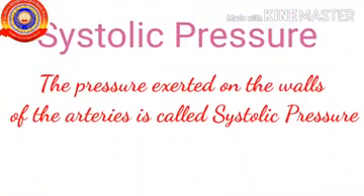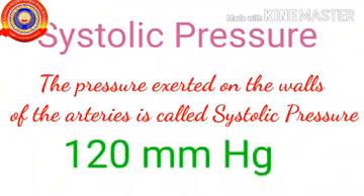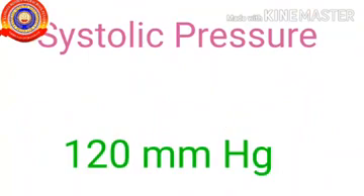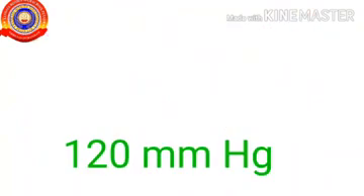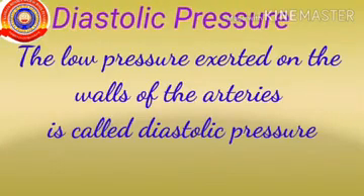Systolic pressure. The pressure exerted on the walls of the arteries is called systolic pressure. Its rate is 120 mm Hg. Mm means millimeter and Hg means mercury. Diastolic pressure. The low pressure exerted on the walls of the arteries is called diastolic pressure.